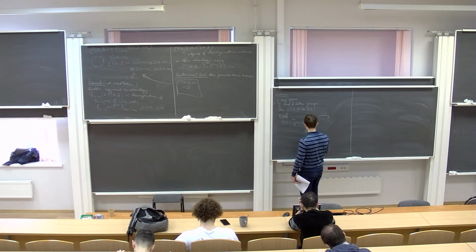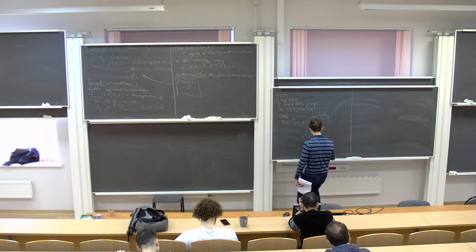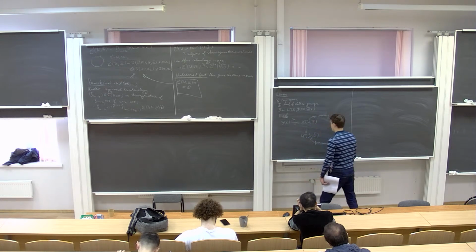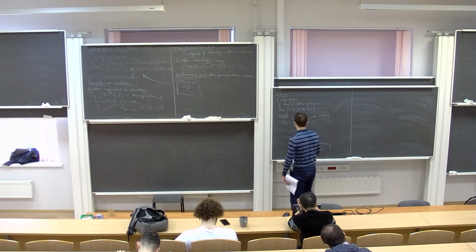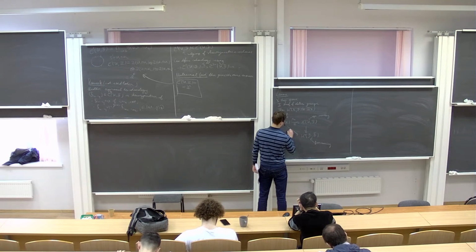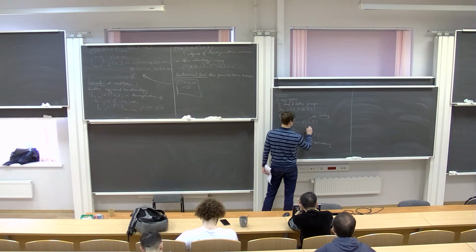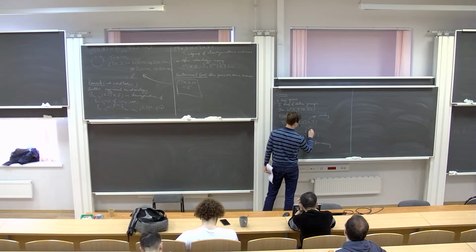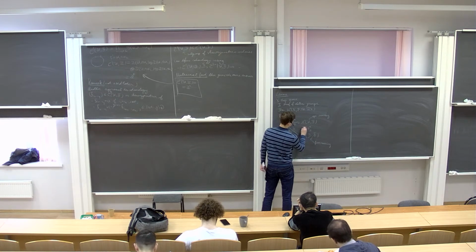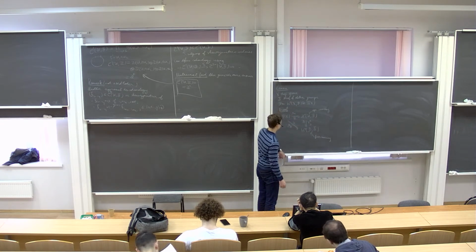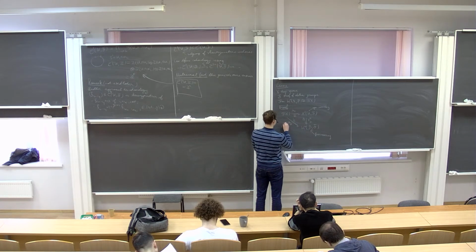If we have a finer covering, we have μ_V, and everything commutes, and this is an isomorphism. We have this restriction map, which is also an isomorphism, and this diagram commutes.